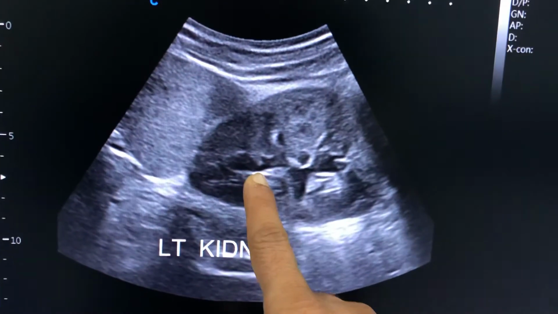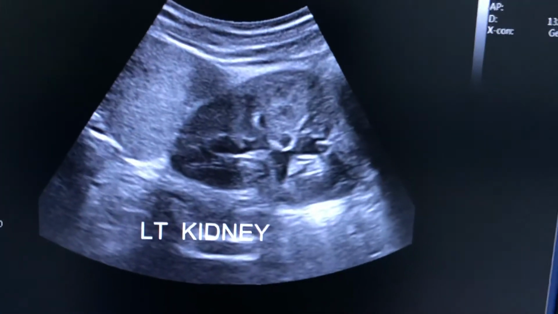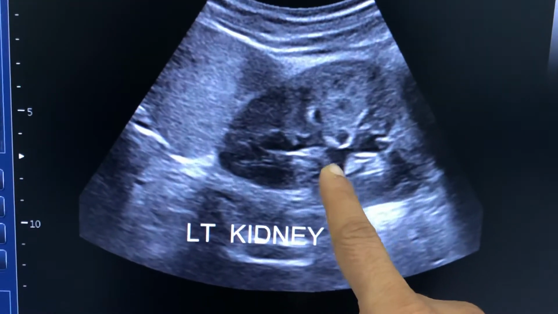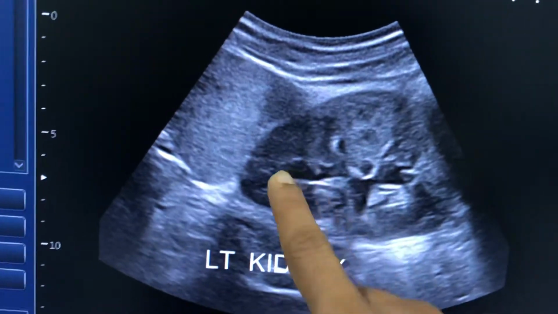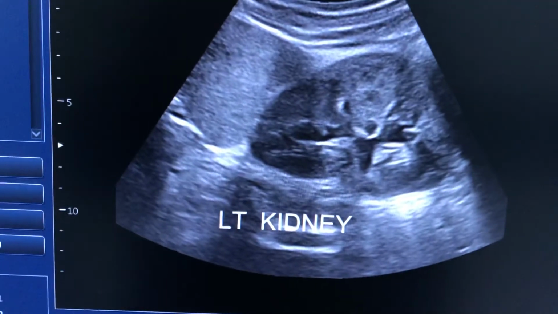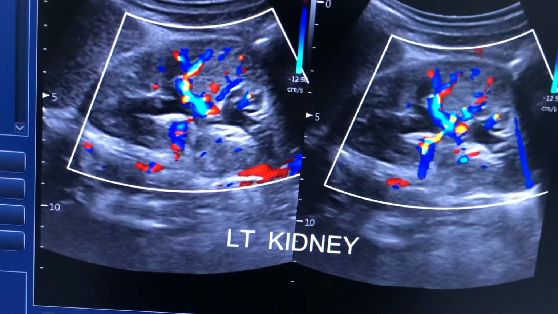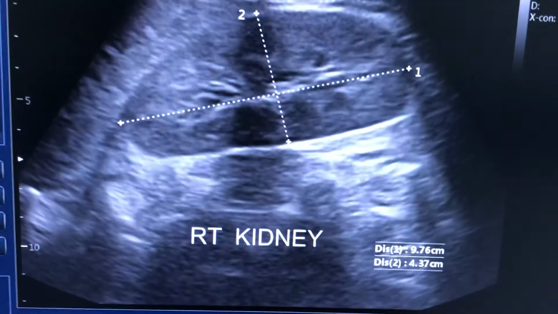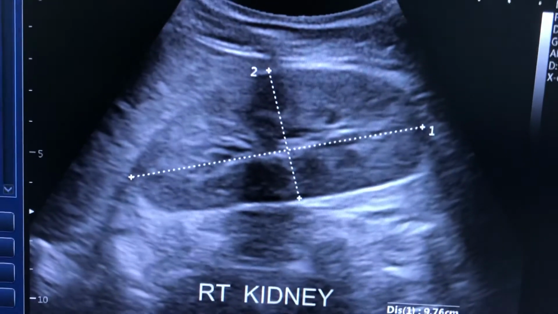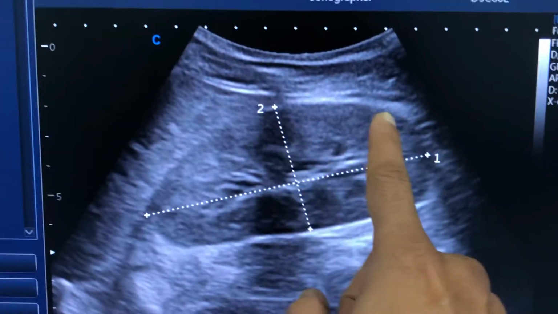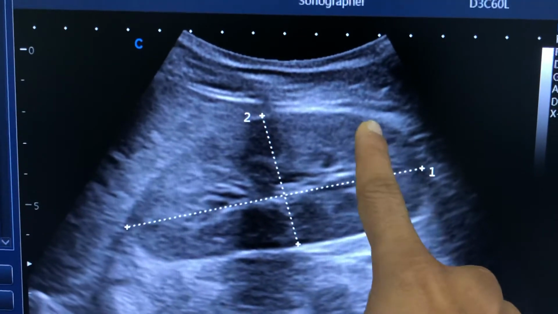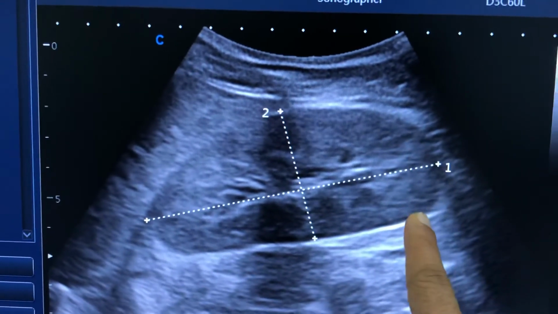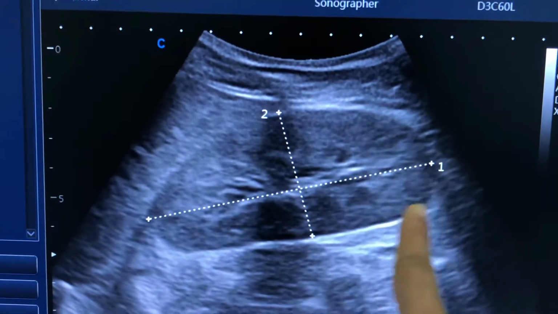Also, the left kidney is showing mild hydronephrosis, and the fluid inside the area of hydronephrosis was a little bit echogenic, so it could be acute pyelonephritis. Yes, here you see. Look at this. Here, this is not a V shape.